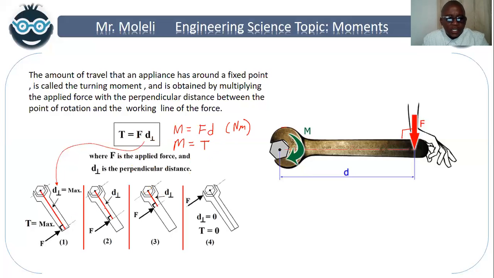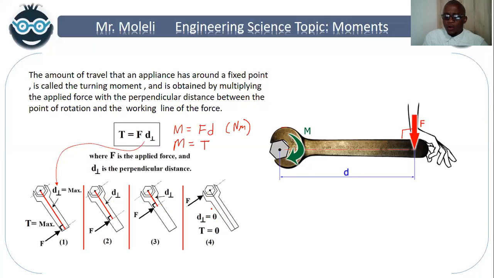And these four sketches here symbolize what I've just said. You can see from the first sketch, you're obtaining maximum moment. But the closer you get to the turning point or the fulcrum, the torque or moment reduces. You can see on the third one. Lastly, you're obtaining zero torque here, or zero moment.